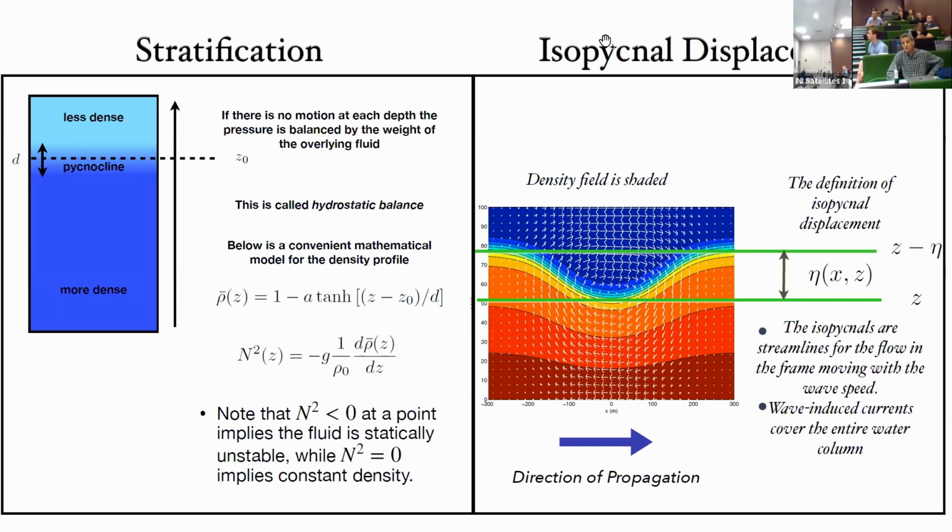You'd be at z over here, you're at z minus eta. Eta is called the isopycnal displacement, and you can reformulate the stratified Euler equations, and I'll show you a little bit how, in terms of one equation for eta, okay? And then once you've got eta, you can get everything back, right? Okay, so that's the plan.